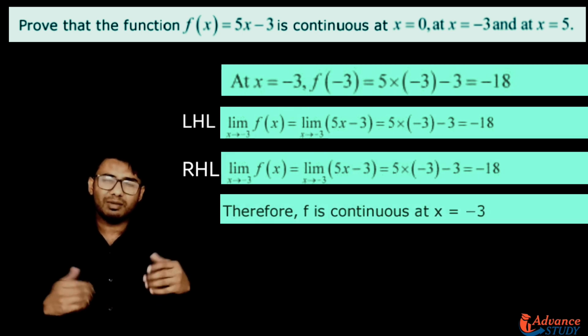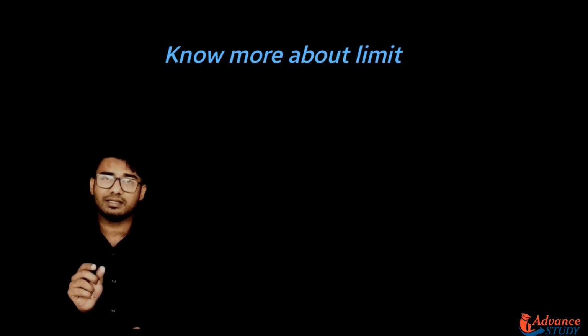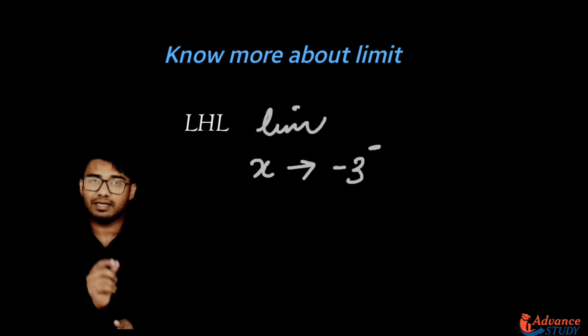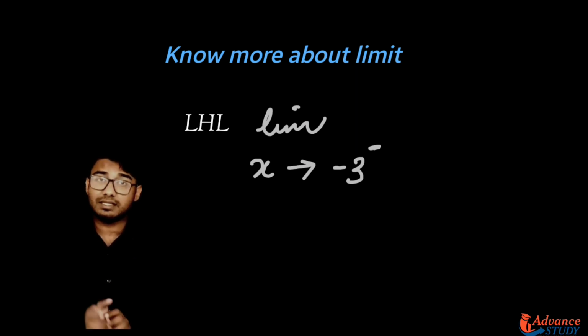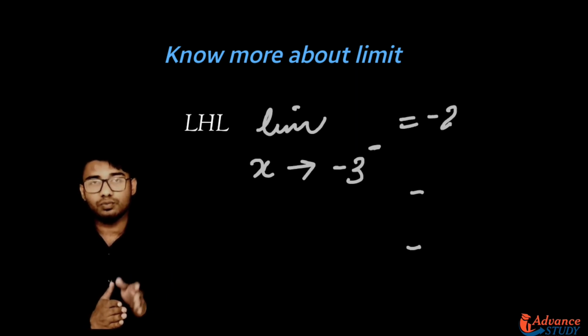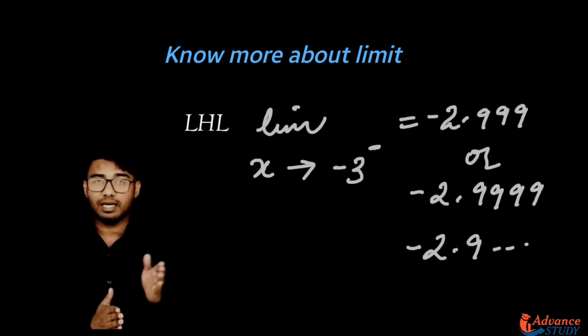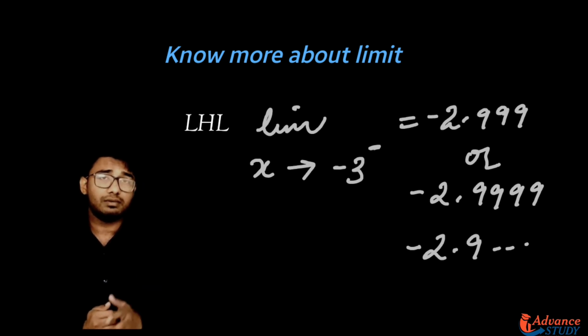Okay, so what about the limits we are taking here? If we take minus 3 from the left hand side, we take minus 3 with a negative sign like this. A negative sign means it's the left hand limit. So this minus 3 has the value 2.999, nearer to 3.